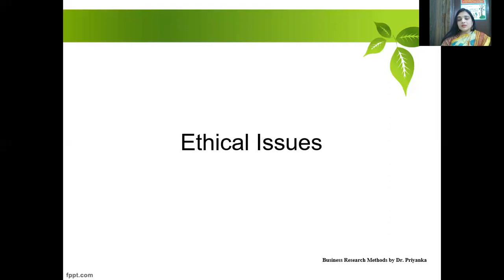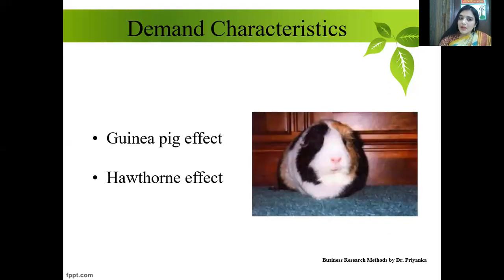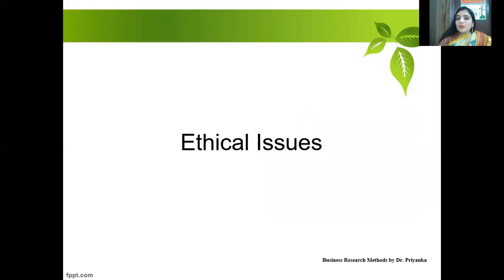But on one side there are demand characteristics, which come up because of the experimenter's bias, the experimenter's presence, or maybe because the group knows that they are part of an experimental study. But when the subject doesn't know that he's being watched, or doesn't know that his productivity is being calculated, then ethical issues come up.